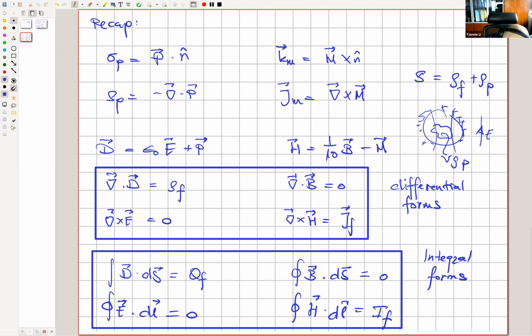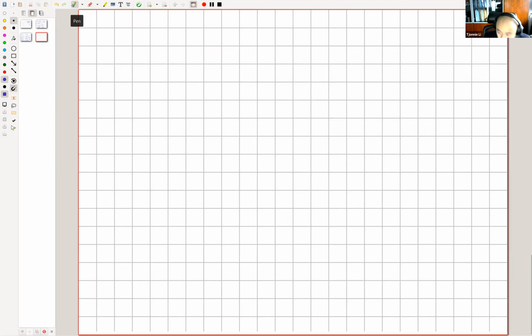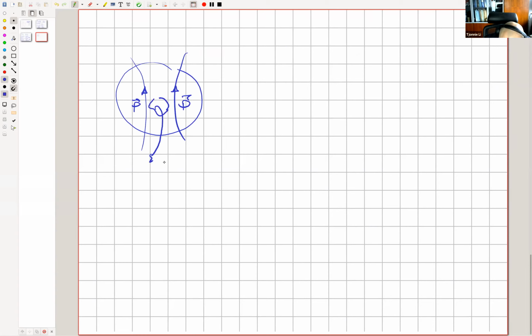So let me open up a new page to draw this out. If I introduce some non-uniform field, I get some non-uniform polarization, and I'll introduce some polarization charge density.